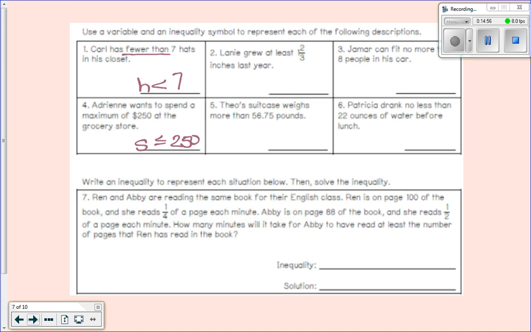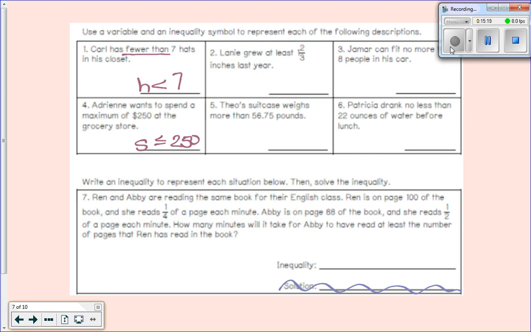All right, with your table, I want you to try the other 4 before we move on. Blaney grew at least 1 and 2/3 inches last year. What's your variable inequality?